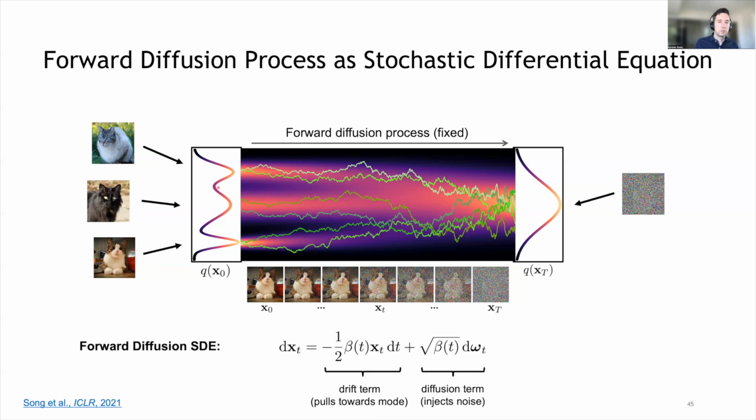Now if we simulate this stochastic differential equation forward, we get these green trajectories and they evolve towards this standard normal prior distribution. And the images become progressively noisier and noisier as we do this. We can also look at the form of this equation, and it's kind of intuitive.